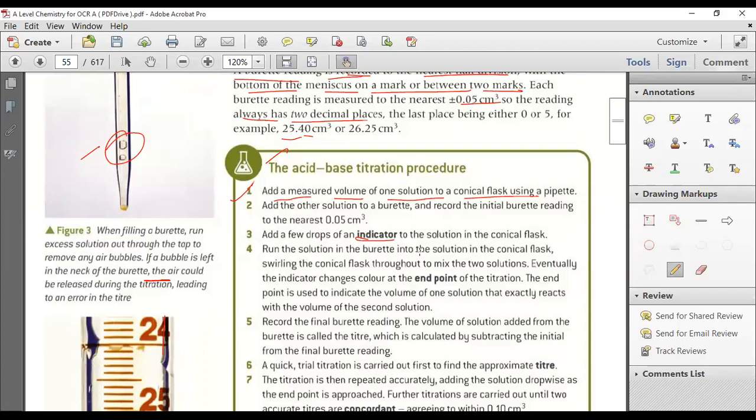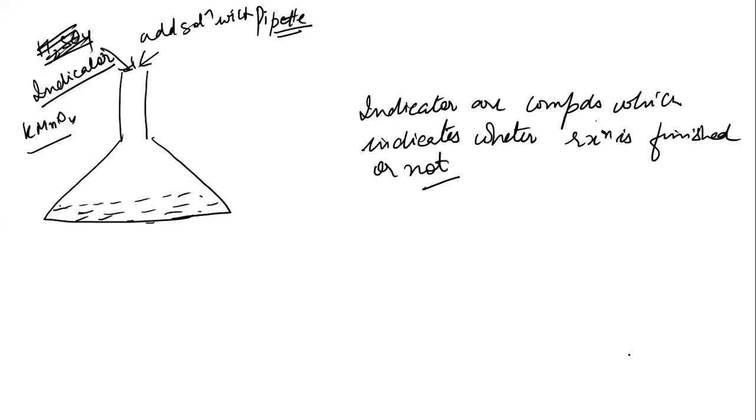Now run the solution of the burette into the solution of the conical flask. Now I will show you what this indicator does. Basically, the indicator is of some specific color. Now if you put this acid into this solution, it will show some color and it will vanish.